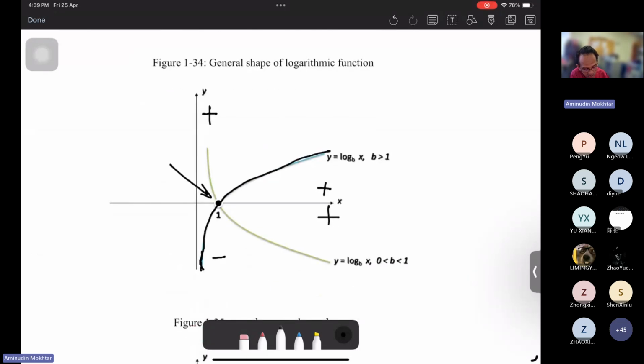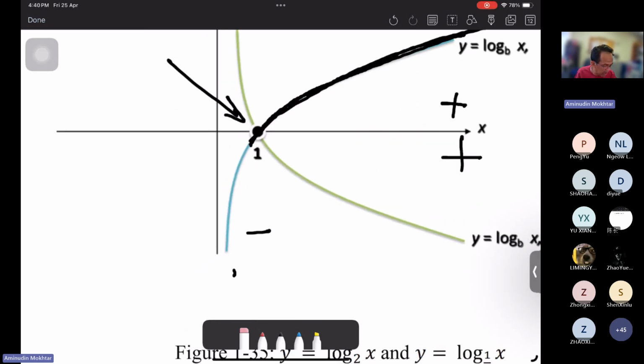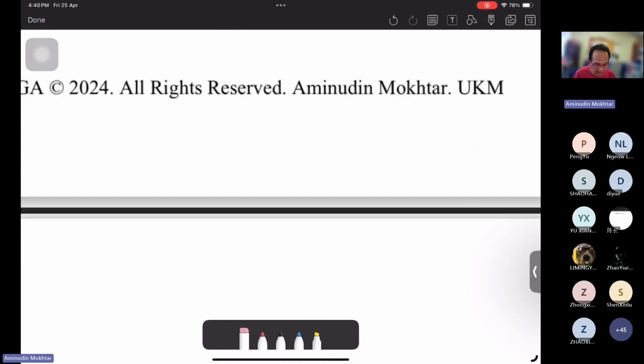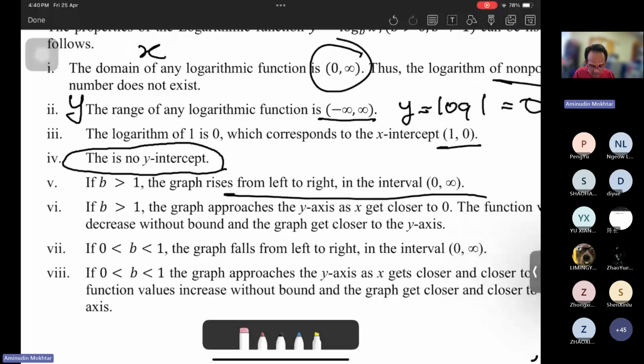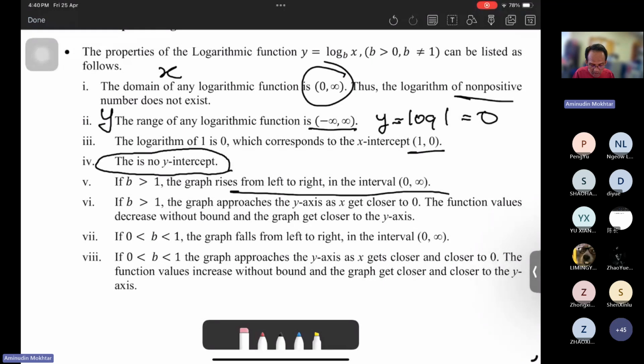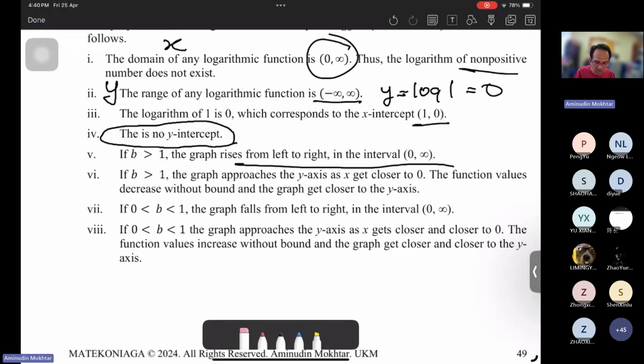For example, when b is greater than 1, when we draw the graph it rises from left to right. When x increases, the value of y also increases when b is greater than 1. Referring to point number 6, the graph approaches the y-axis as x gets closer to 0. The function value decreases without bound and the graph gets closer to the y-axis.